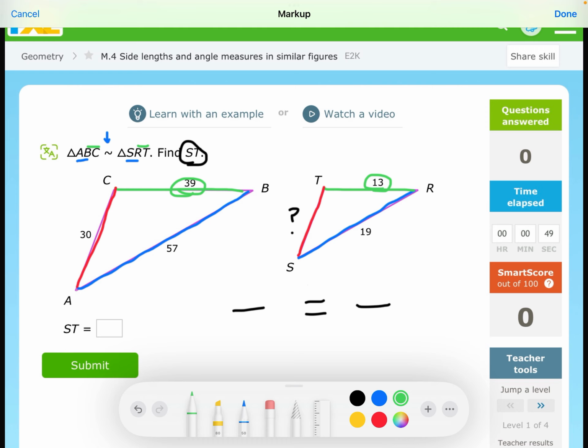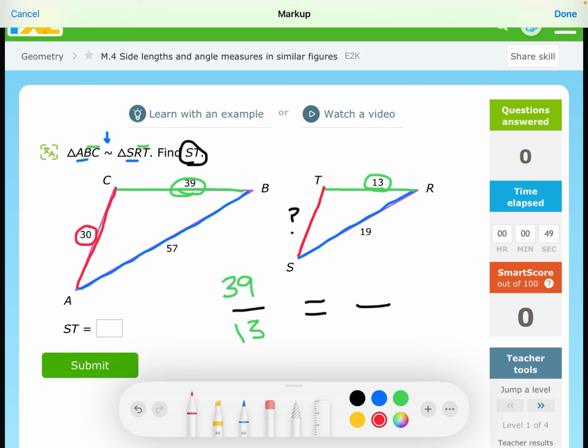And all I'm going to do is put them in the same fraction. So 39 was one length, 13 was another. Then on the other side of my fraction, I'm going to put the color that I am missing. So we want the red side length, right? Because that's the part that they asked for.